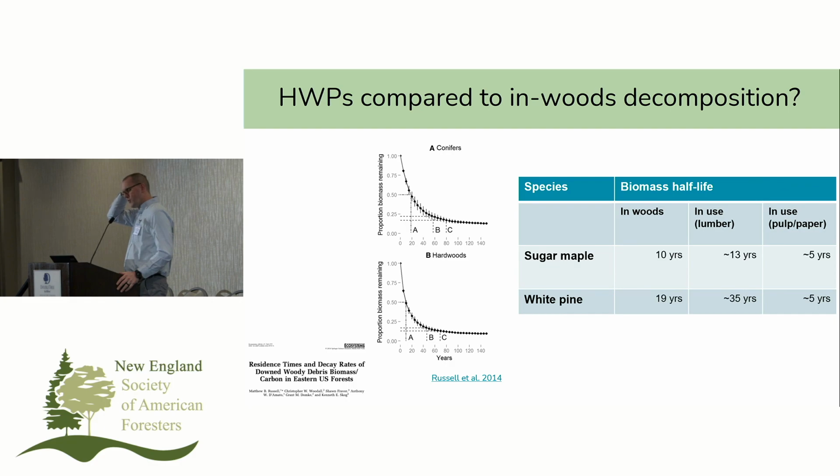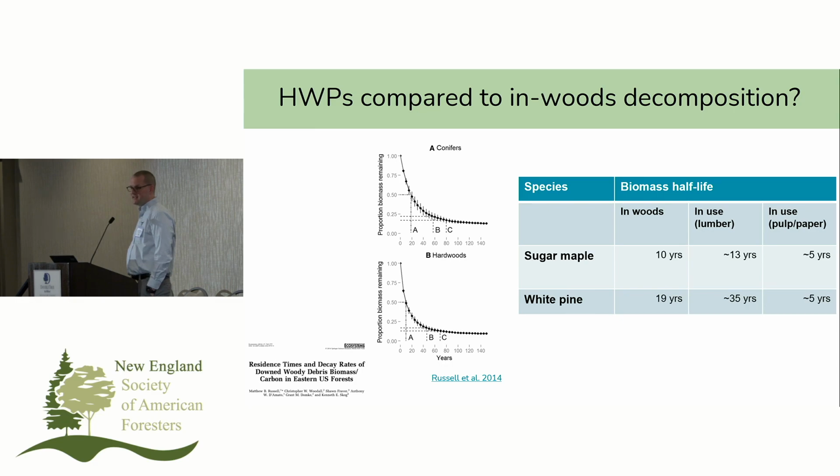A lot of foresters are also interested in, well, what if we just left the wood in the woods and never harvested it? It's going to decay through time. How does that compare to using it in a wood product? I was a part of a project as a part of my postdoc experience that tried to look at some of that in-woods decomposition, and we quantified that for a lot of eastern forest species.